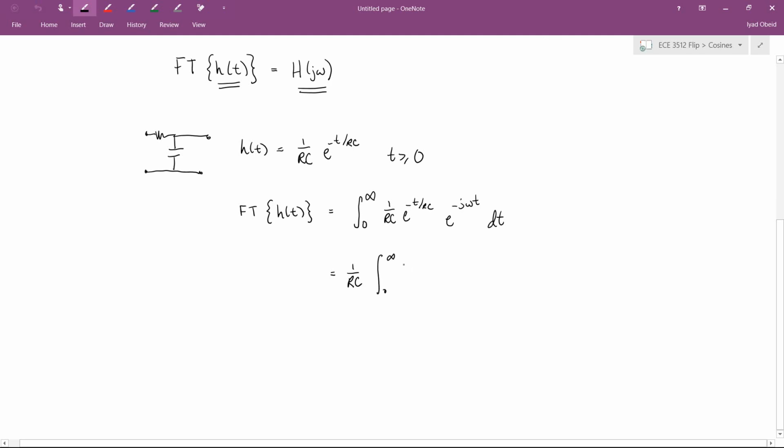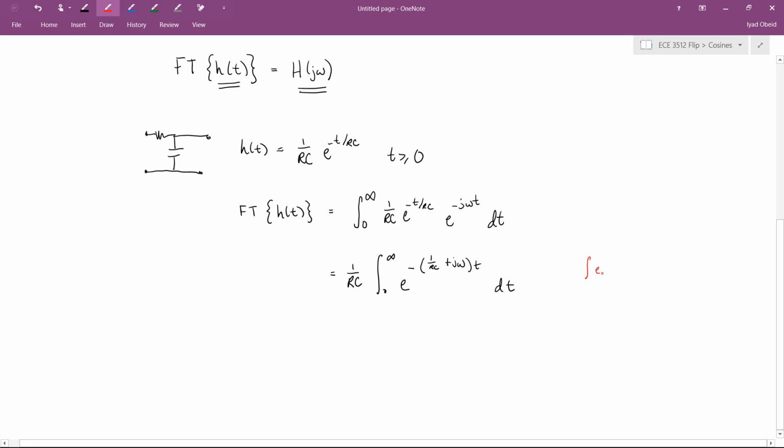The exponents can be combined. So I'm going to choose to rewrite this exponent as e to the minus (1 over RC plus j omega) t dt.